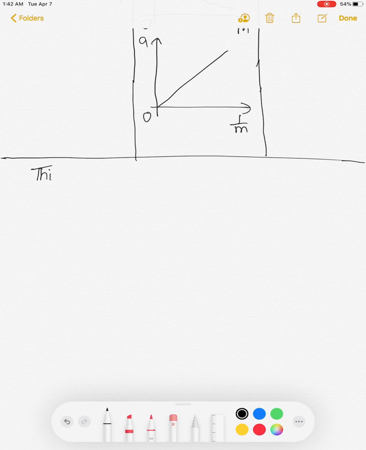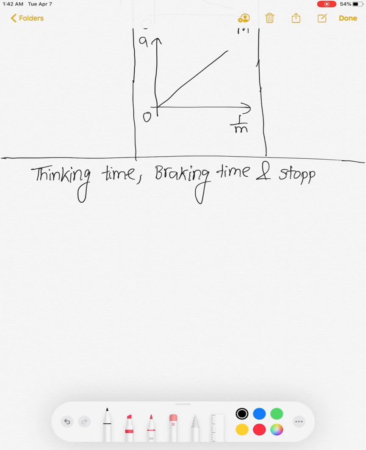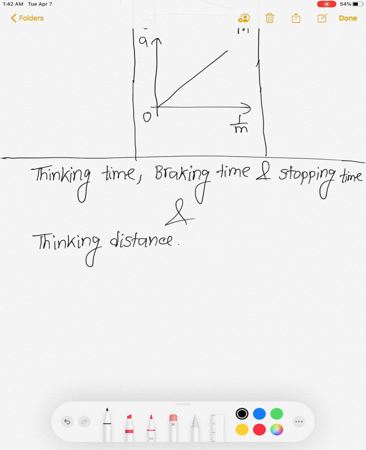So thinking time, braking time, and stopping time, and thinking distance, braking distance, and stopping distance.